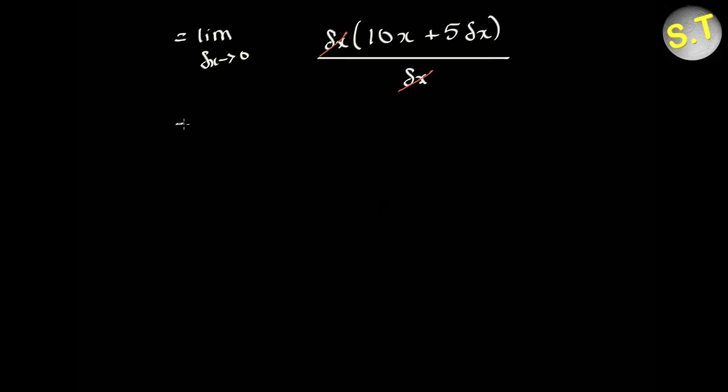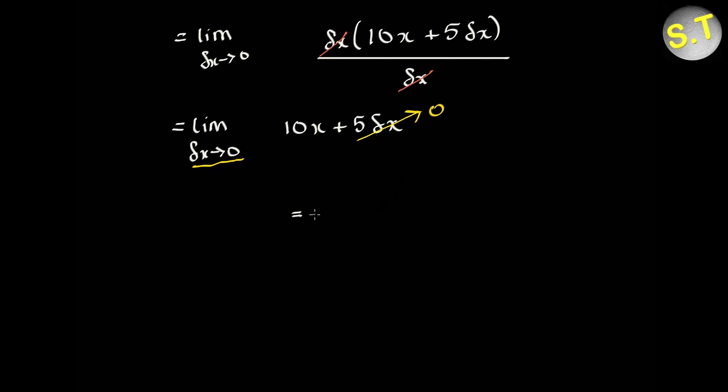So then we're left with the limit as delta x approaches 0 of 10x plus 5 delta x. Now we can finally apply our limits by simple substitution. So if we just apply delta x equals 0 to this equation, it will negate this term to 0.